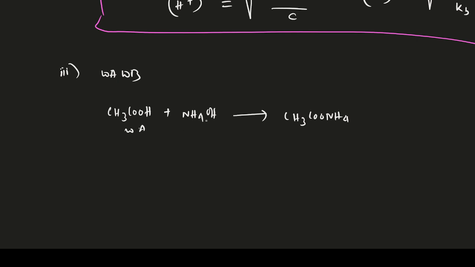Here CH3COO minus has H plus and NH4 plus has OH minus, so this negative will react with the positive H plus, and this will react with this, forming water.